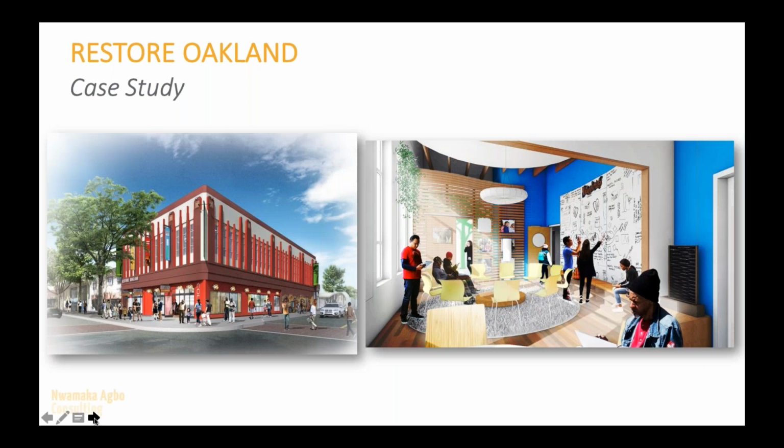And so Restore Oakland is a development project located in the Fruitvale neighborhood of East Oakland. It's a three-level development project, where on the right-hand side you can see this image. The building will provide restorative justice programs for youth in the Oakland Unified School District.